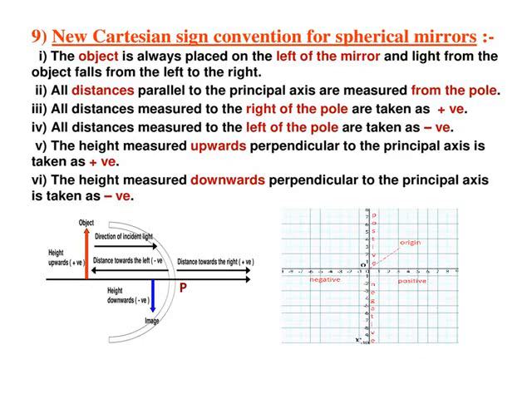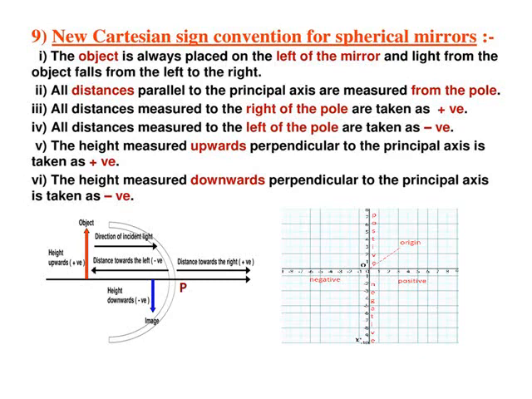Or else you can take the pole P and fix it on the origin O. In this way also you can calculate. The next one, all distances measured to the left of the pole are taken as negative.